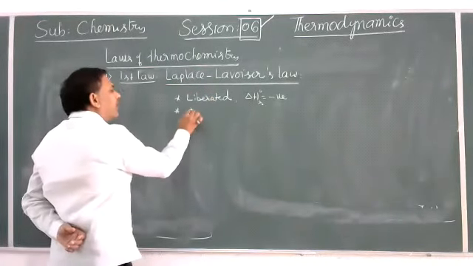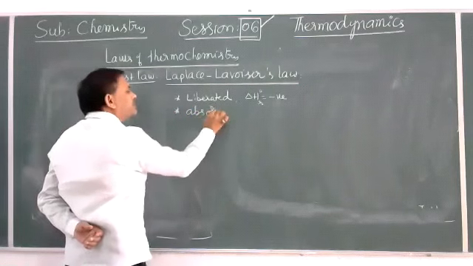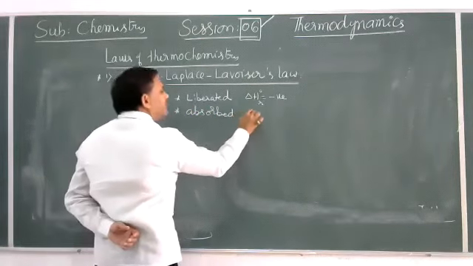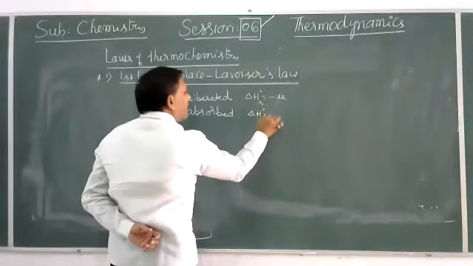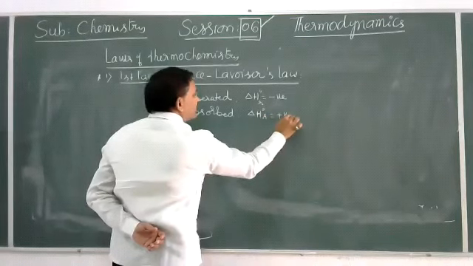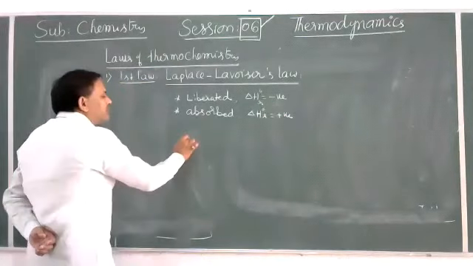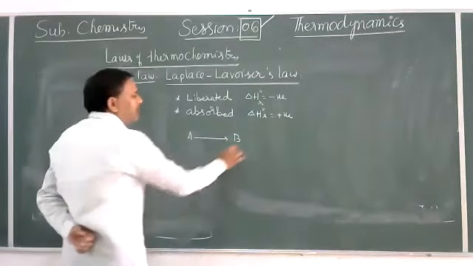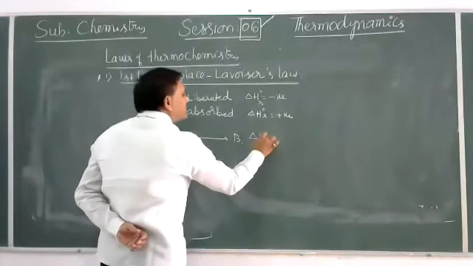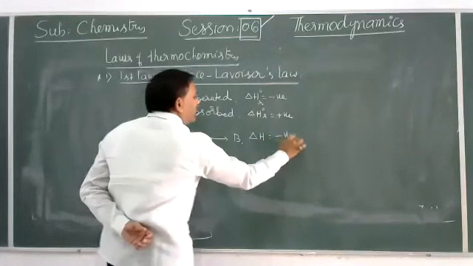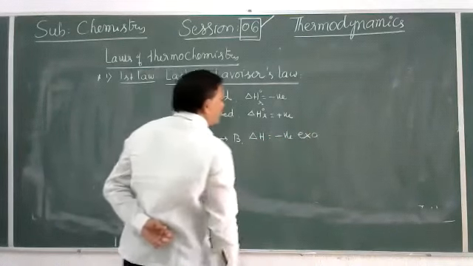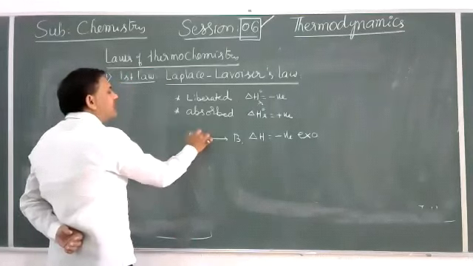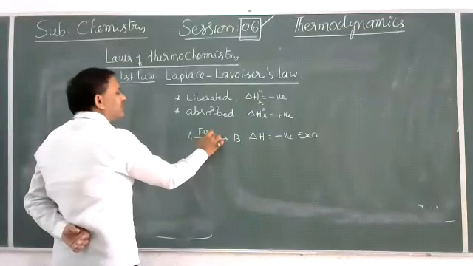For example, if an amount of heat is absorbed, it means your delta H naught R is positive. So A gives B. Now this is considered an exothermic reaction. Exothermic. It is a forward reaction.